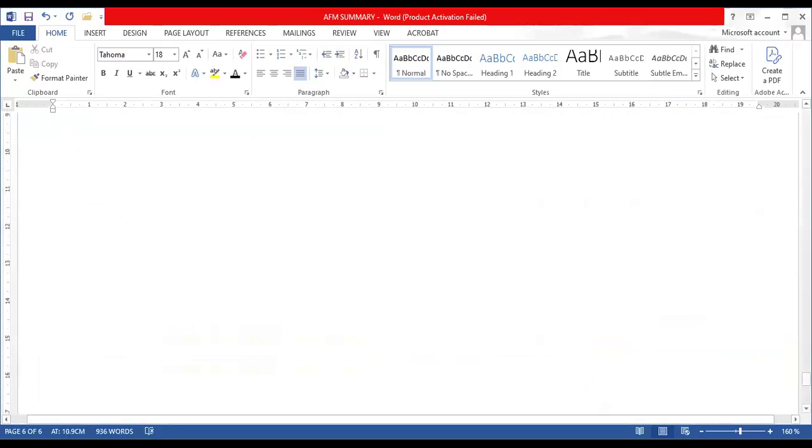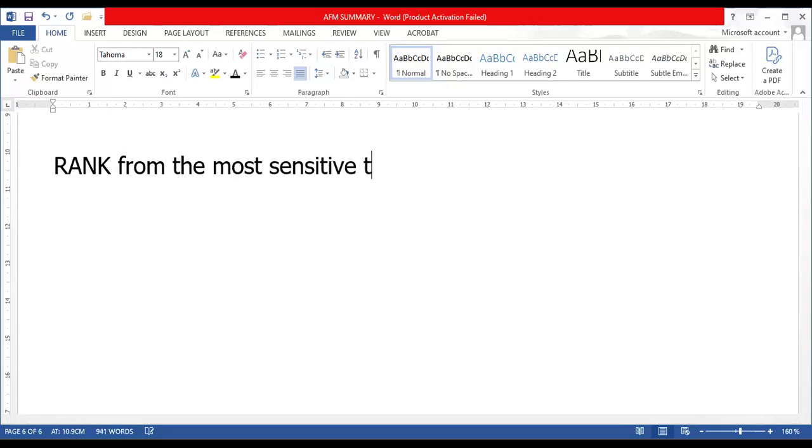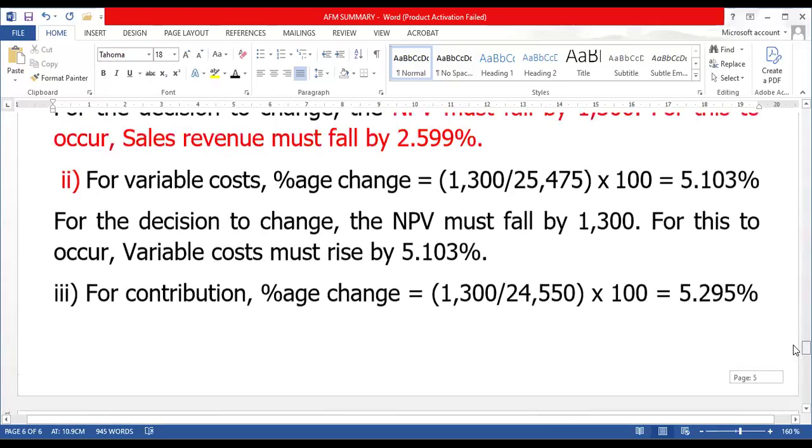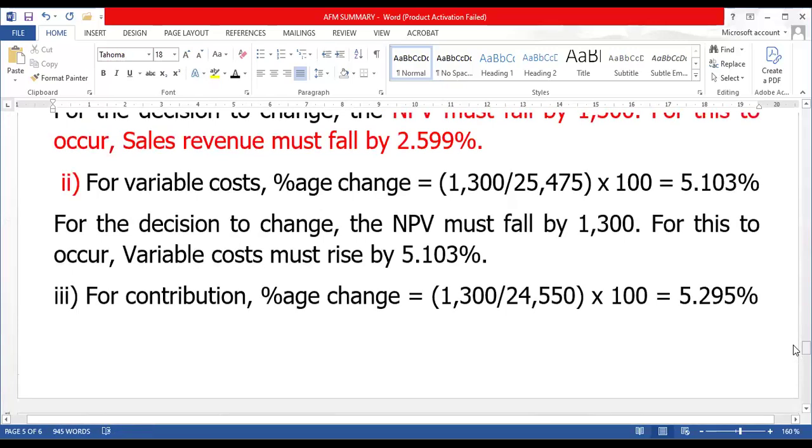How do we rank? If you look at the percentages, what do you think is the most sensitive one?